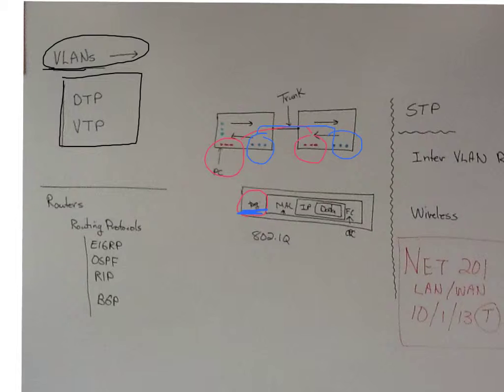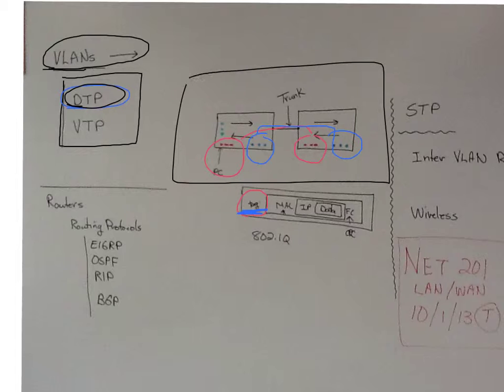Now, dynamic trunking protocol right here, really, this would still all work, but this just makes it easier for the trunking to take place between a couple Cisco devices. The same thing here, sharing VLANs between the devices.